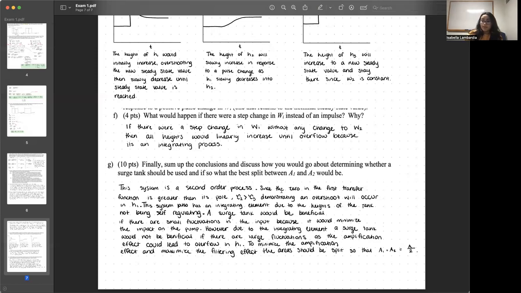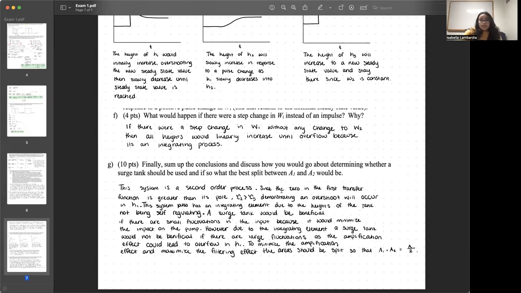Which is good because our pump is going to pump at the set rate no matter what. So just to protect the pump, we don't want the pump to feel all the changes in the input. So by maximizing the tau 3, our filtering effect, it's going to basically just make it easier on the pump and protect it.